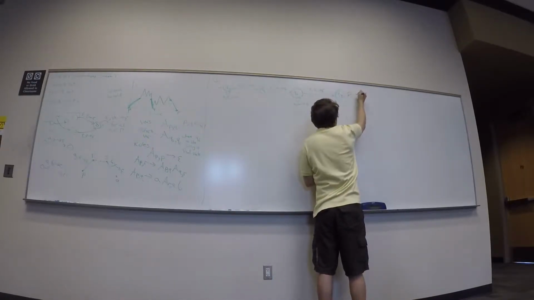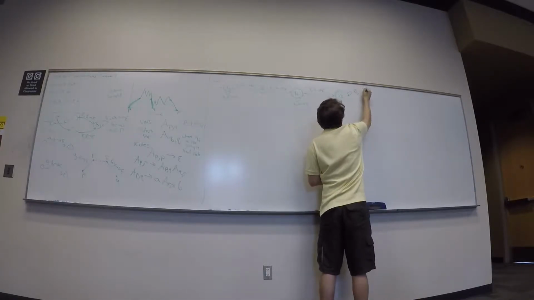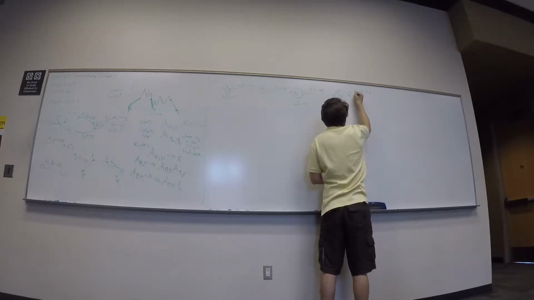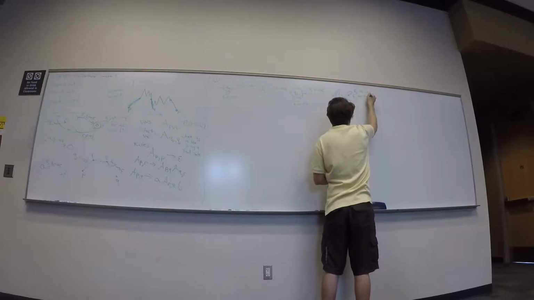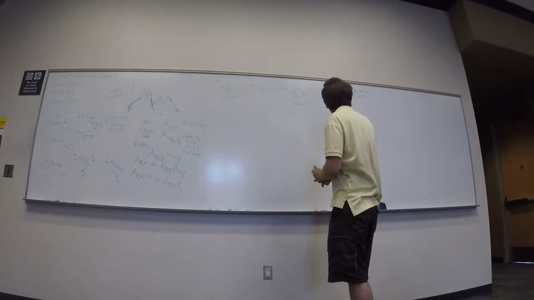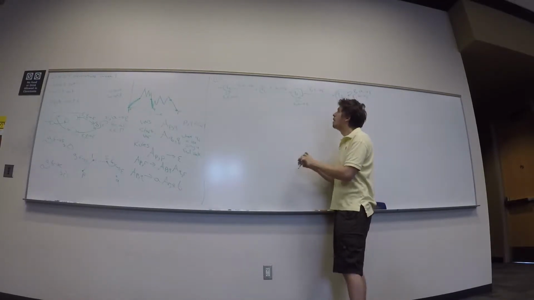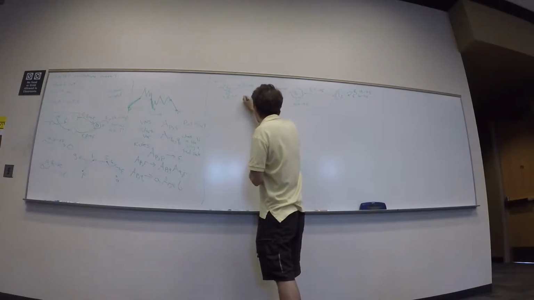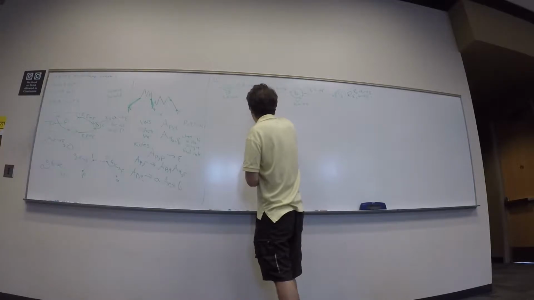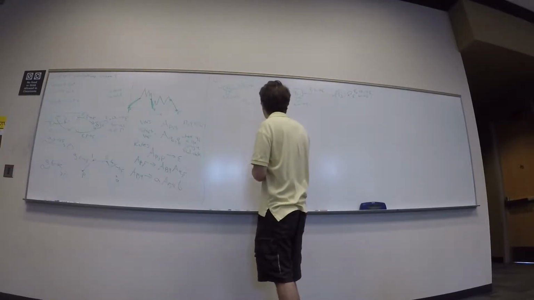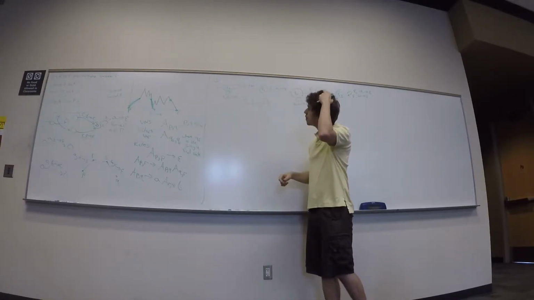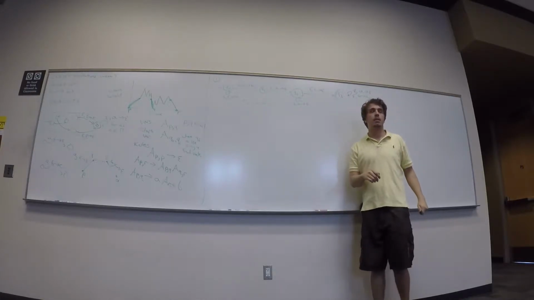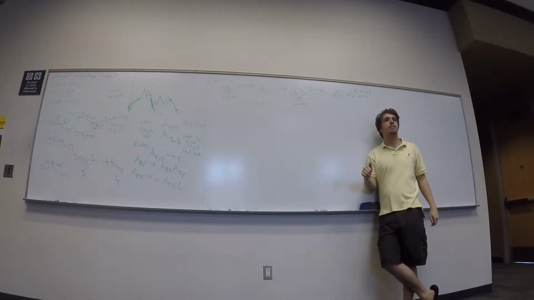So epsilon A to epsilon, epsilon B to epsilon. The stack alphabet may have more than just A or B, but I'm just gonna assume that it's A and B here, just for simplicity.